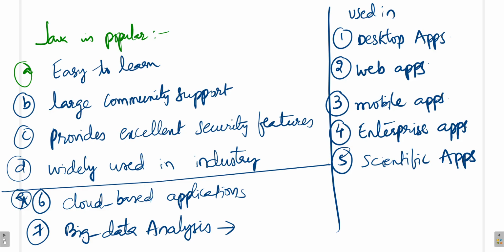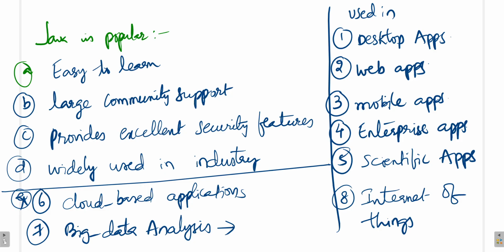So the story behind big data analytics success is using Java, right? And the last area is Internet of Things, where Java is used in smart devices and embedded systems. So these are all the areas where Java is being used popularly, right?